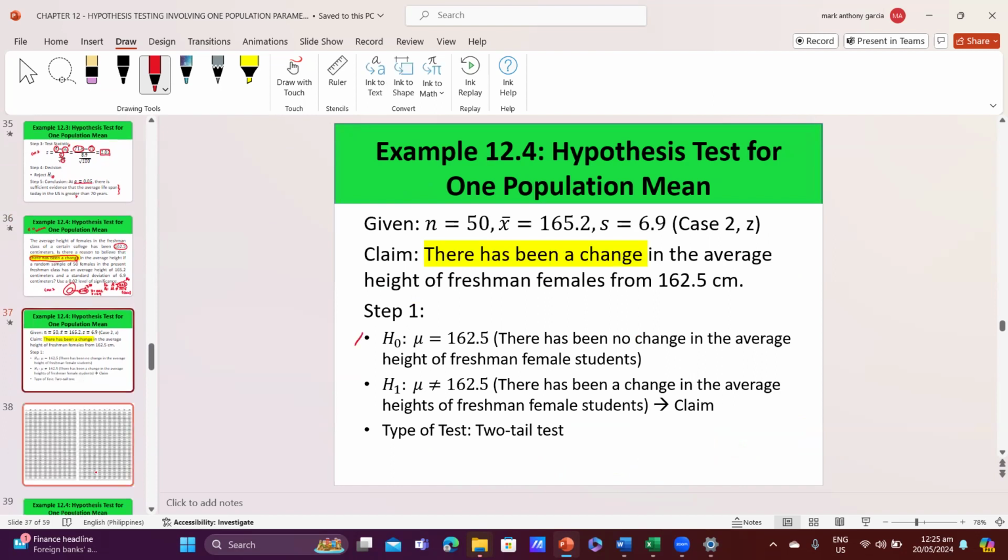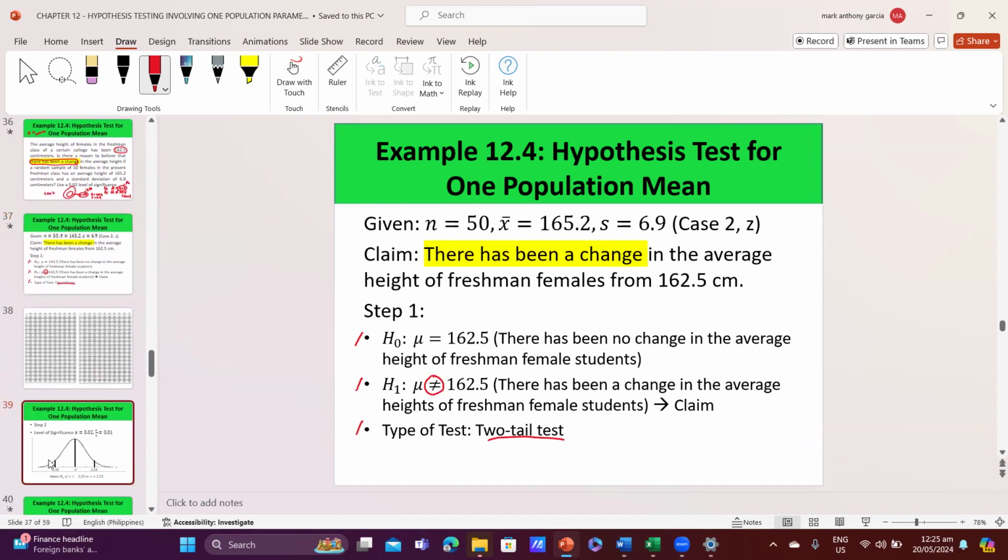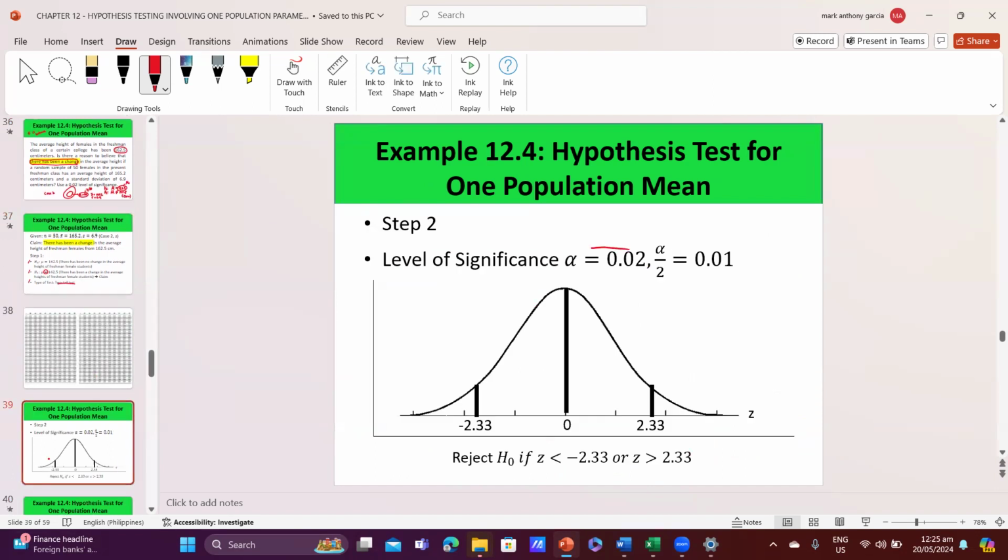So step 1, formulate H0 and H1, which was done in the previous slide. And then the type of test is a two-tailed test because H1 uses the not equal sign. Now for step 2, the level of significance is 0.02.